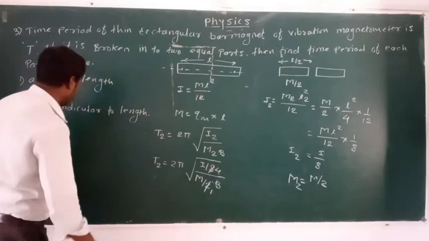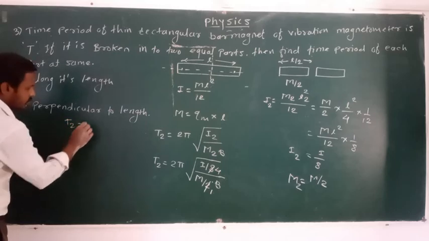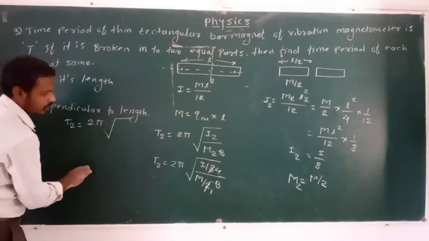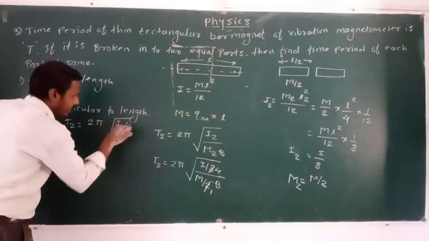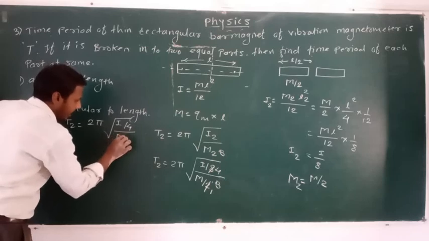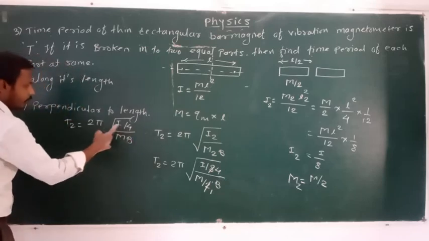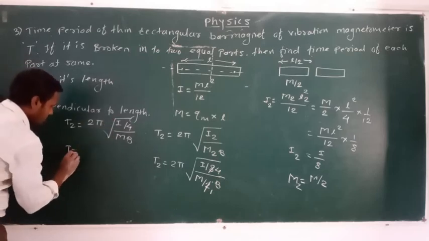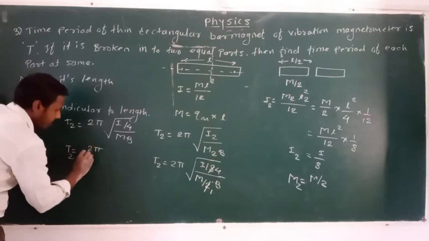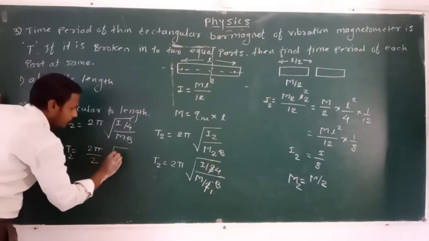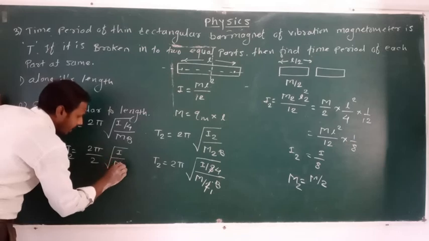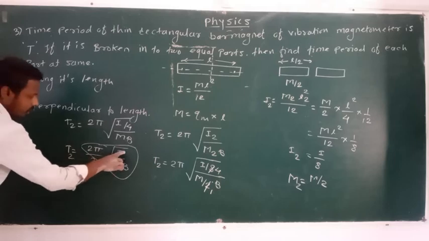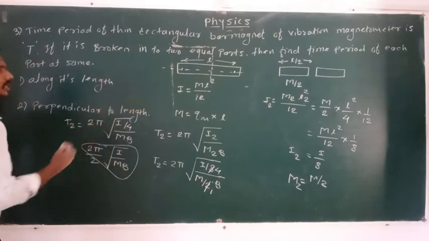Then I can write T2 is equal to 2 pi under root I divided by 4 divided by M B. Taking the 4 outside of the square root, we can write T2 is equal to 2 pi divided by 2 under root of I divided by M B, and 2 pi under root I divided by M B is the original time period.